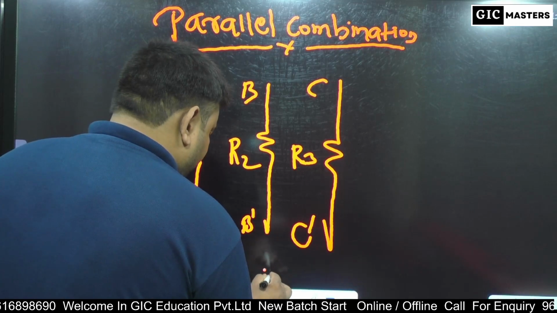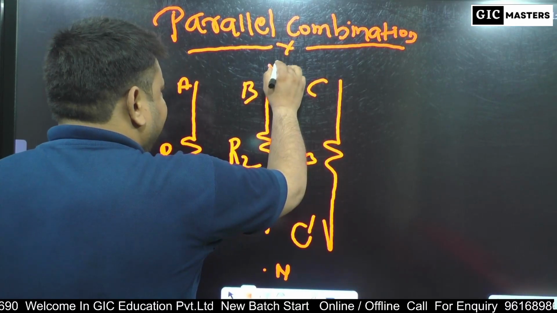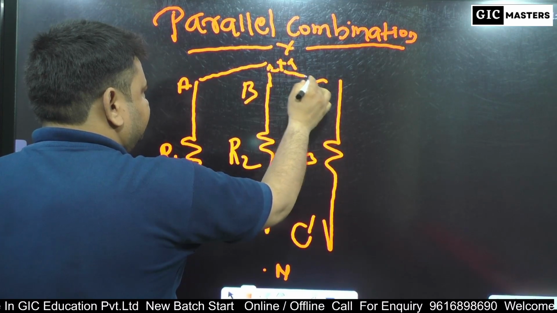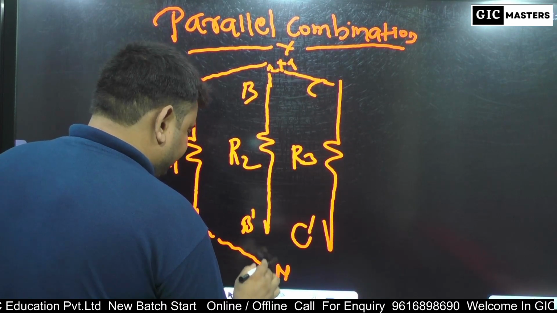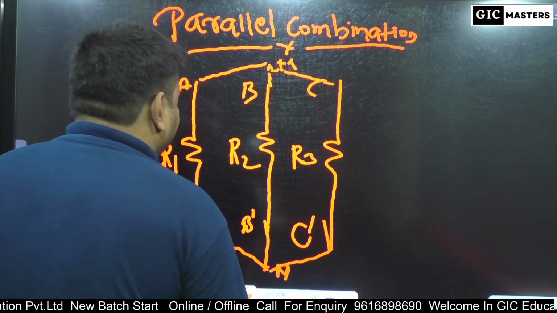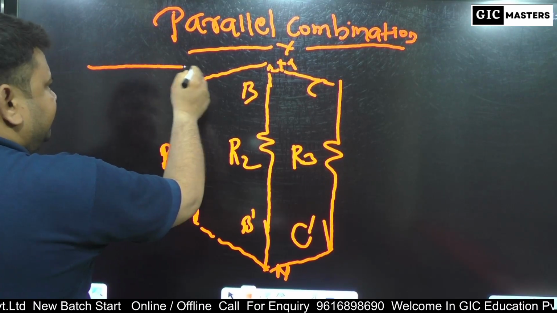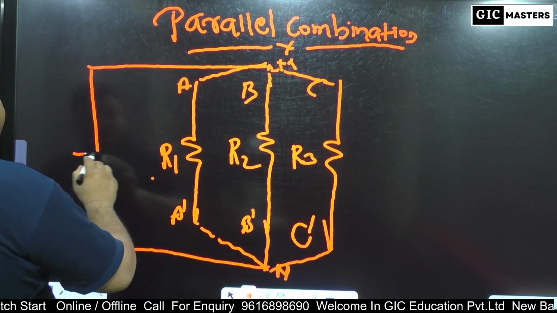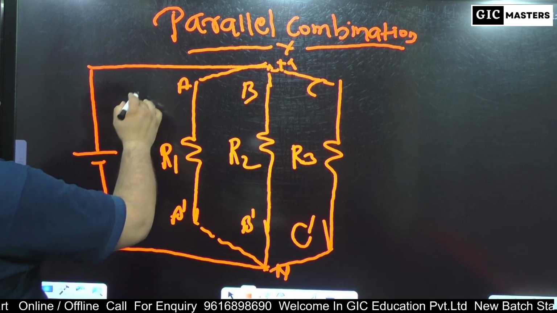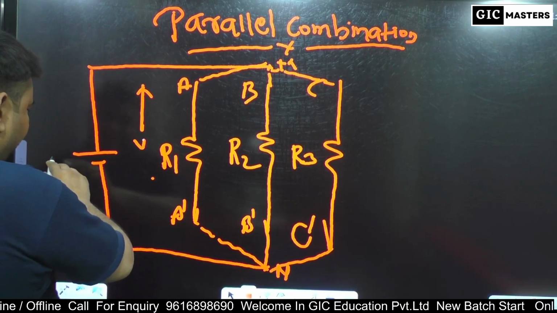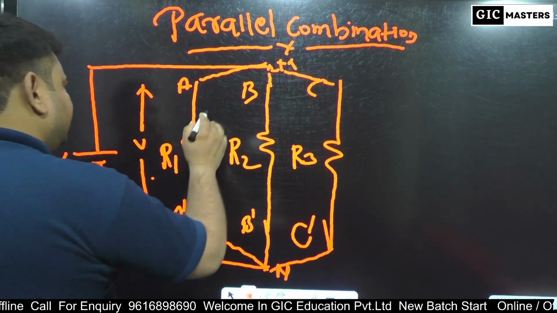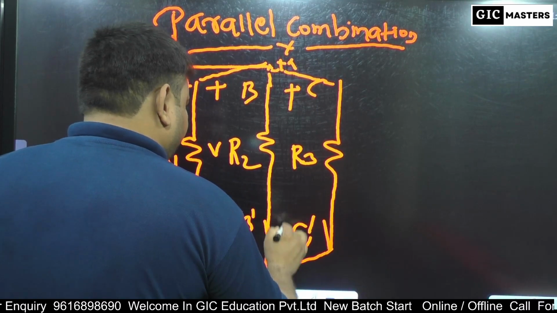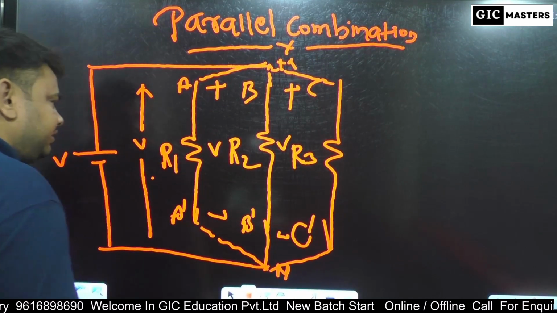Suppose there are two nodes N and M. A, B and C are connected with M, and A dash, B dash and C dash are connected with N. When this parallel combination is connected with a voltage source, the same voltage is observed across the resistors R1, R2 and R3.